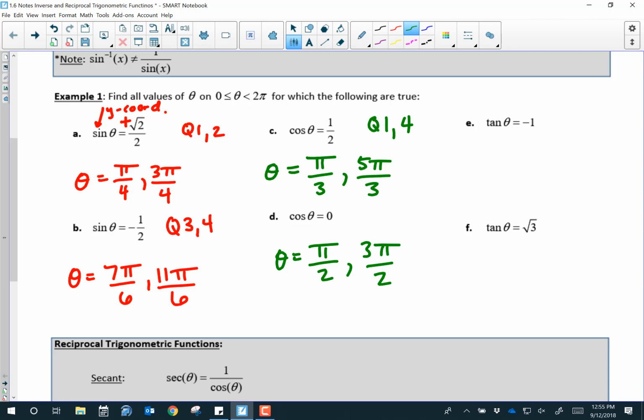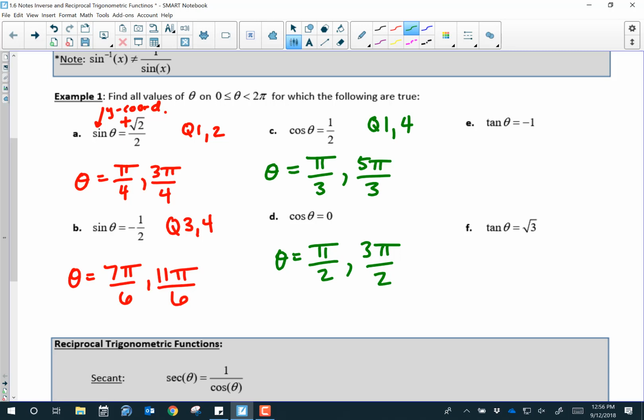So that's when the x coordinate is 0. Ignore trigonometry and just tell me when is the x coordinate 0? On the y-axis. Correct. So now go back to trigonometry, and what angles are on the y-axis? The 90 degree, which is pi over 2, and 3 pi over 2. Is that good? Okay.